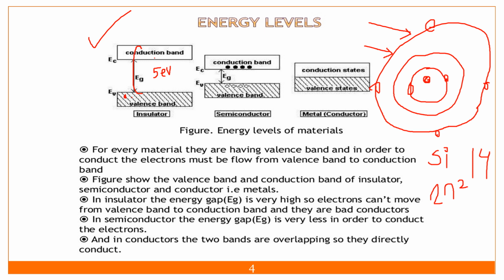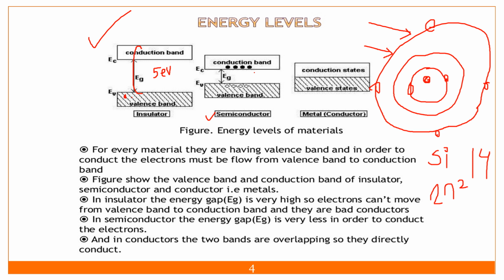Next, if I'm talking about a semiconductor, the gap is small in the case of germanium, silicon and gallium arsenide. The band gap is small.